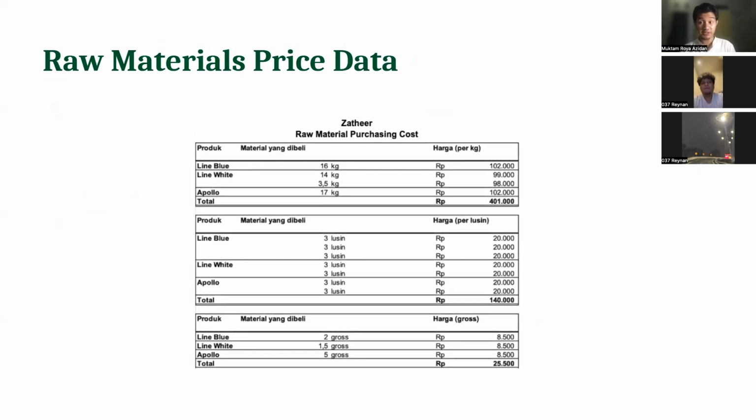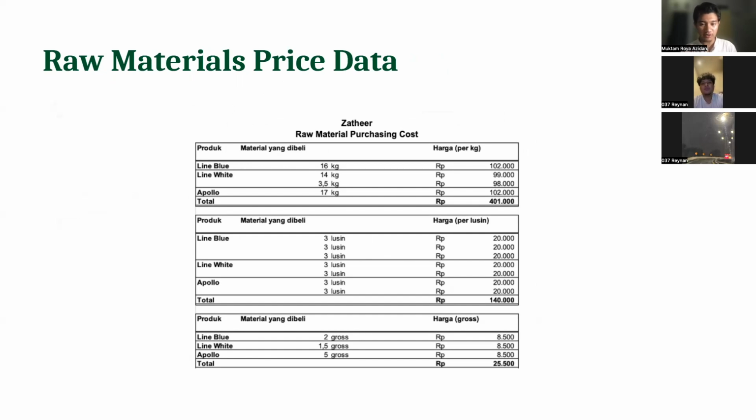Based on the material needed, there's a cost for each product. Actually, we forgot to add the result of the total for each product, like line blue, line white, Apollo, and so on.